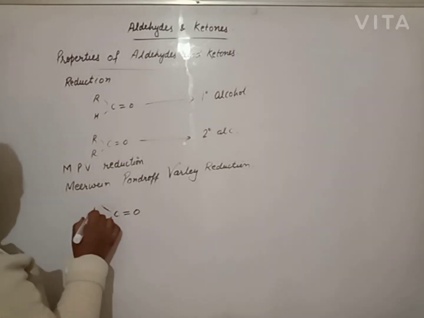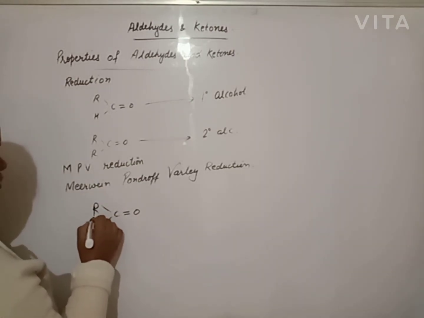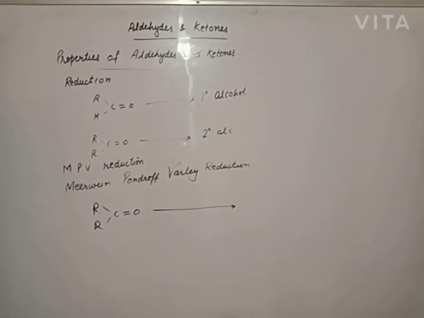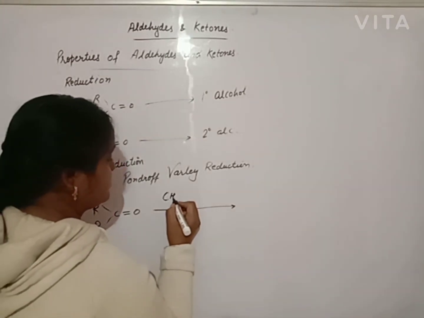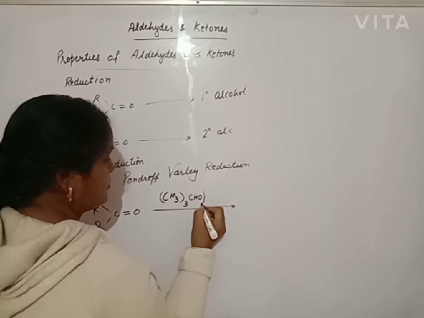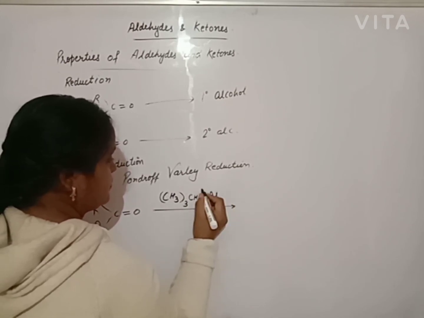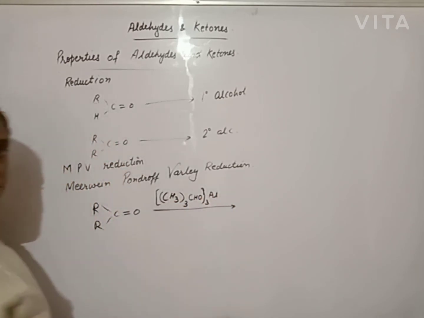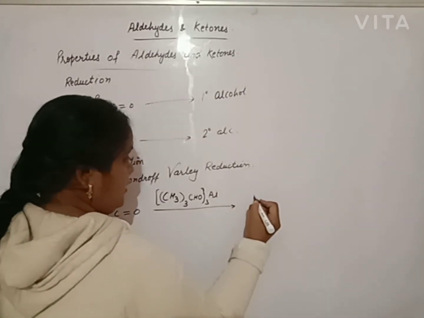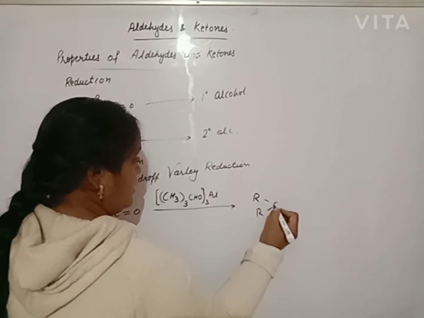In this case, we have ketone. It will react with aluminium tri-tertiary butoxide. Okay beta, it will give secondary alcohol.